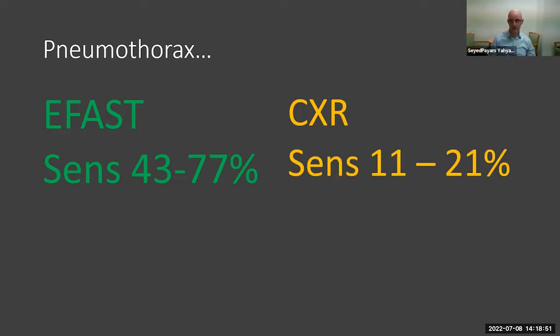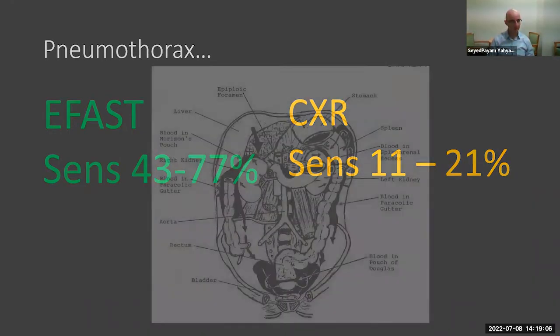One of the things to consider here is that in trauma, usually the patient is supine and we are doing a supine X-ray, which is not that great for picking up especially small pneumothoraces. So ultrasound becomes much more accurate.